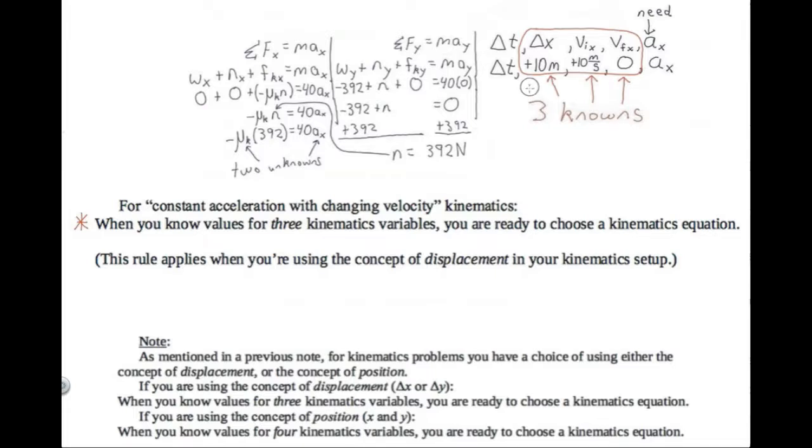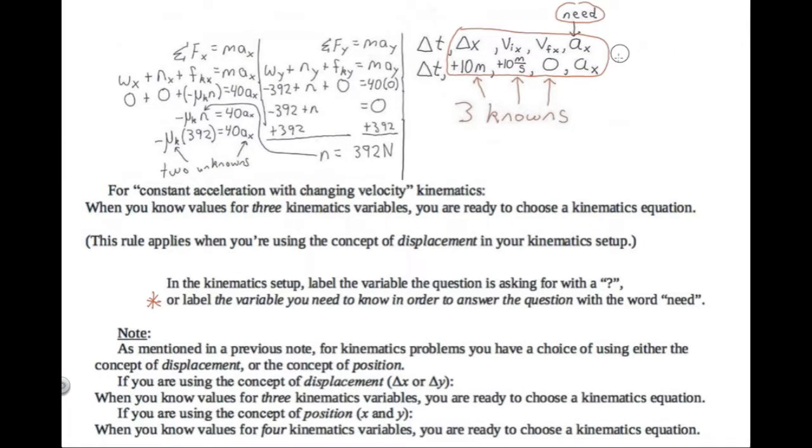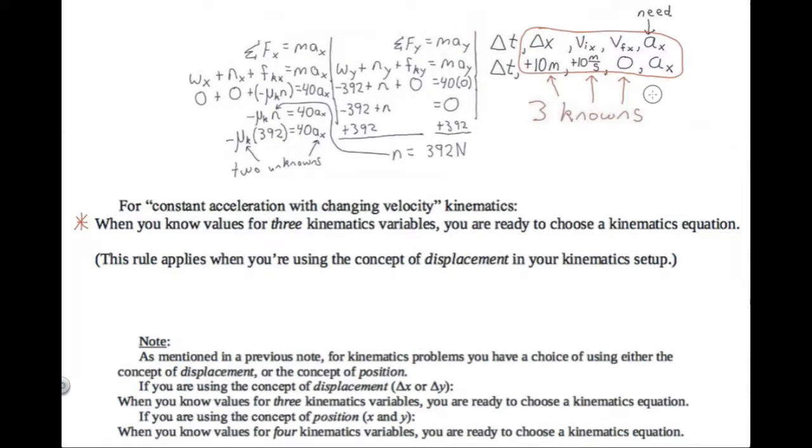Well, clearly, we should pick a kinematics equation that involves the 3 variables that we know values for. And we should pick an equation that involves a sub x, because that's what we need to figure out. Now you can see why it was useful to label a sub x with the word need. This label reminded us that a sub x is one of the kinematics variables that we care about for this problem. So, we should choose the kinematics equation that contains these 4 variables.